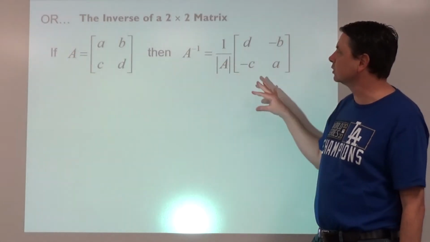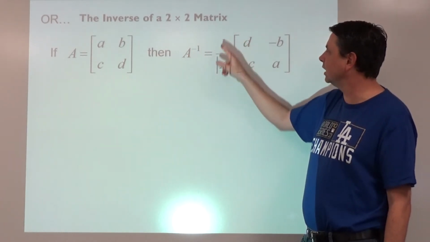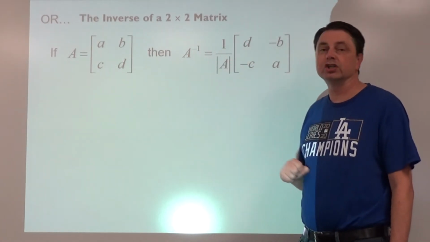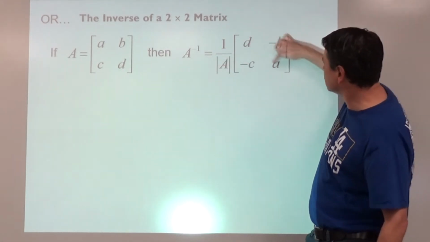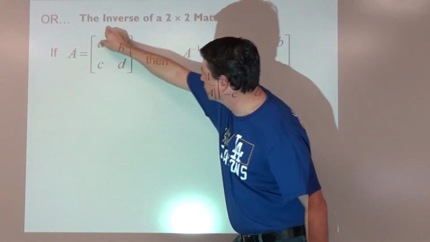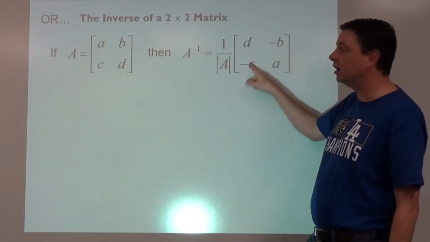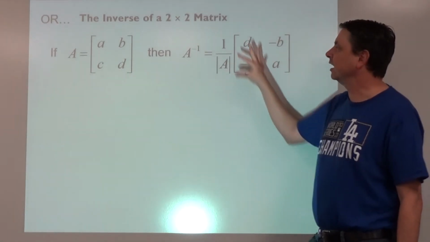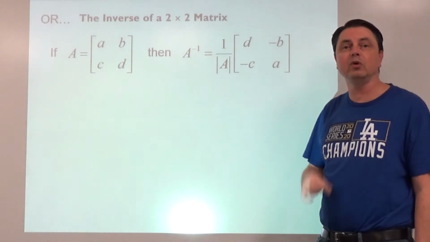And that pattern looks like this. The inverse matrix is 1 divided by the determinant of the original matrix A times, switch places here, so these two switch places, and then we go opposite sign for these two. Now why did it not look like that necessarily for the first example with A?